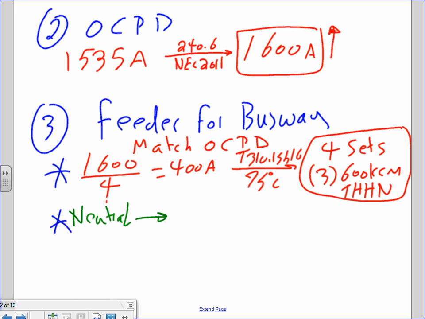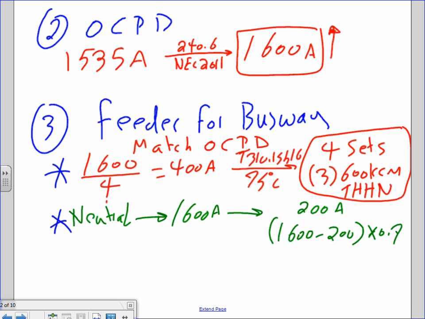You take the 1600 amp. Take the first 200 amp, remember, leave it alone. Anything higher, 1600 minus 200, multiply this by 0.7, and add them up. That will give you 1180 amps.